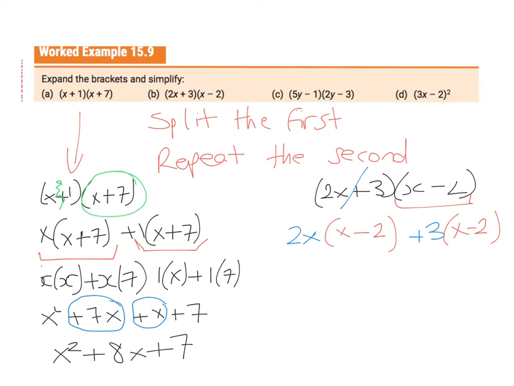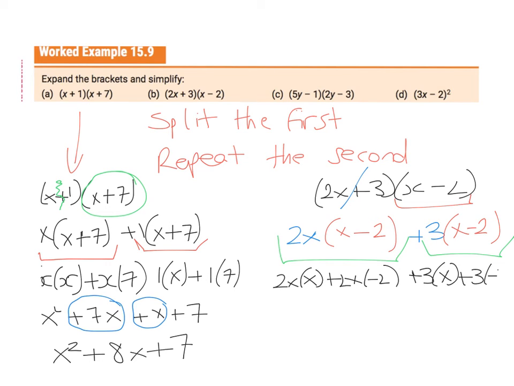So for the first one, 2x will be multiplied by x, and 2x will be multiplied by minus 2. And then the second one, 3 will be multiplied by x, and 3 will be multiplied by minus 2.